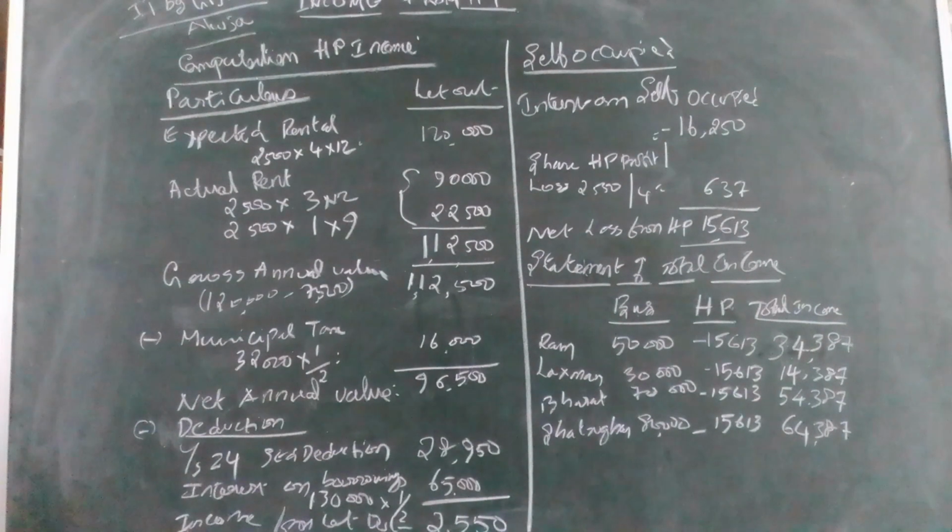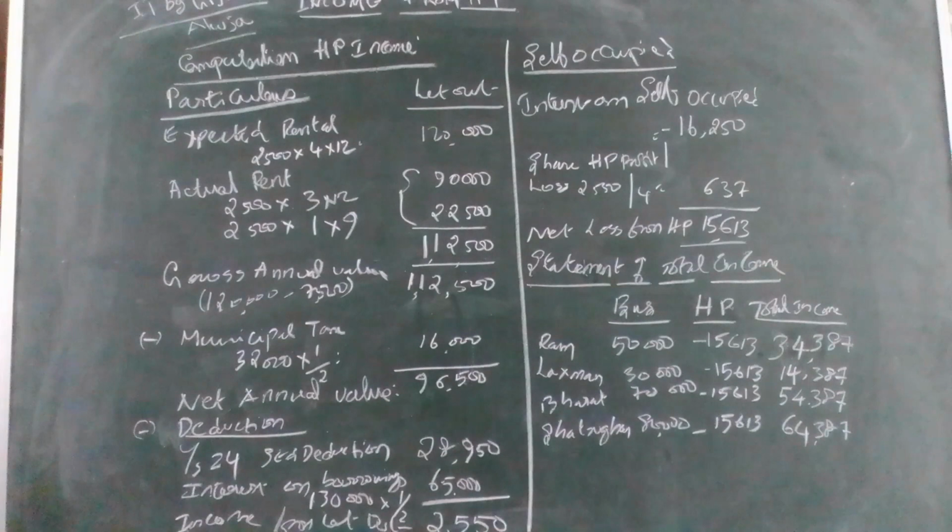This is owned by 4 assessees. So individual assessee will get 637.